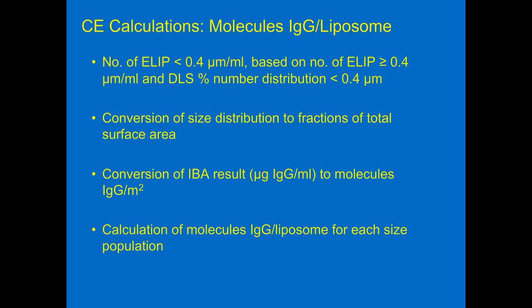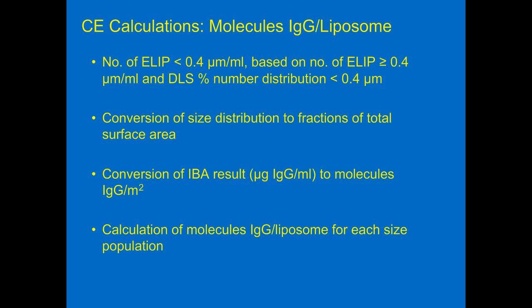And then from that, with the particle sizes that are determined by each method, the small liposomes average about 71 nanometers in diameter, and the larger population average about 650 nanometers. And based on that, we can calculate the total surface area of the liposomes and determine the fraction of that total for each population.